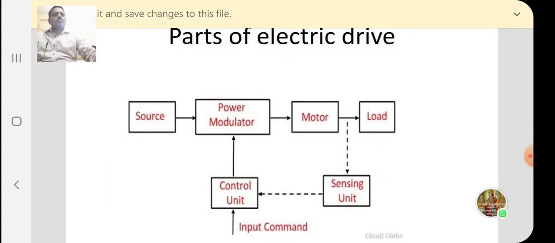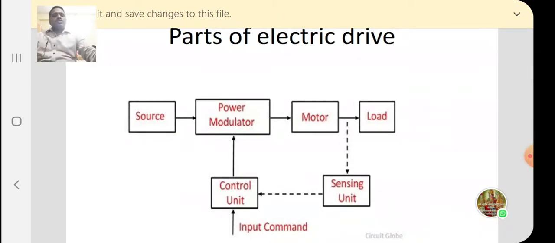In the synchronous motor there are also types: wound field and permanent magnet synchronous motor. Another type of motor is the brushless DC motor, where no mechanical components such as brushes are used.